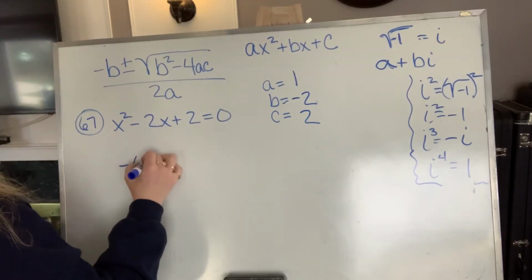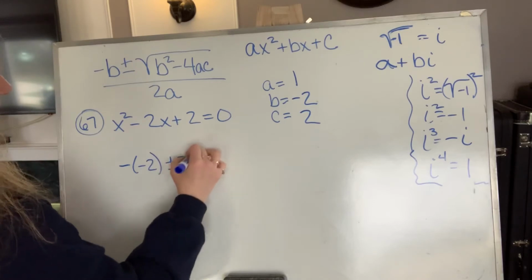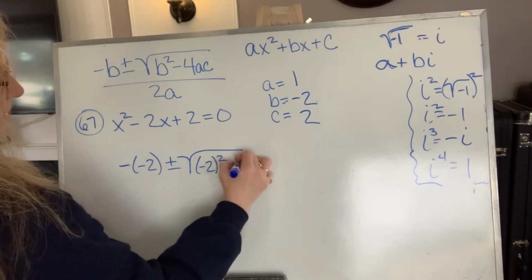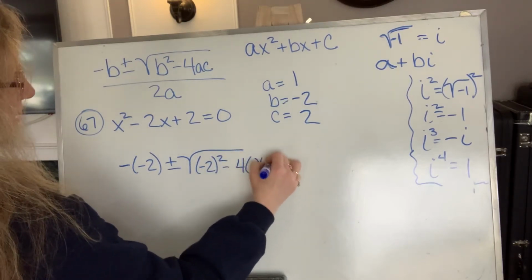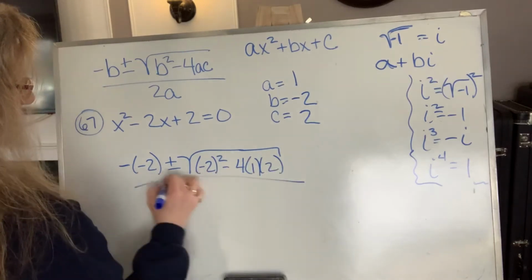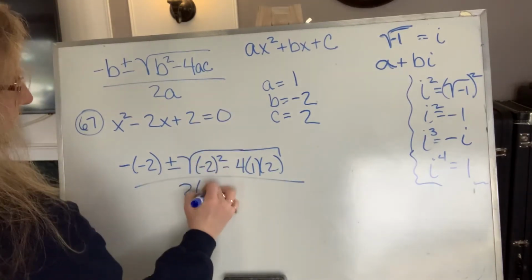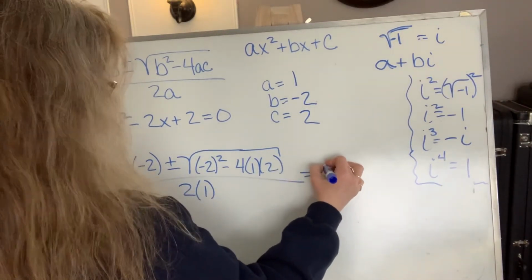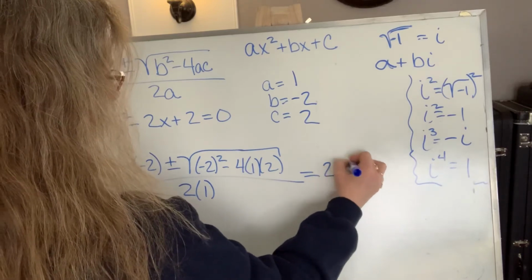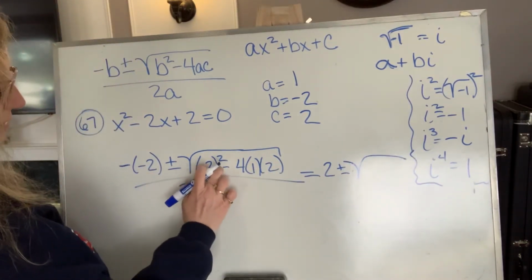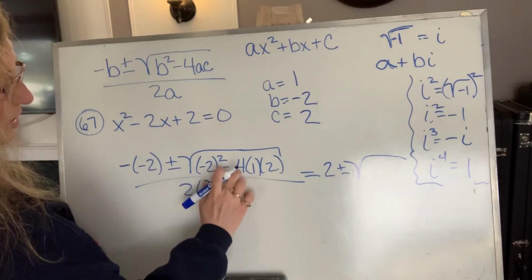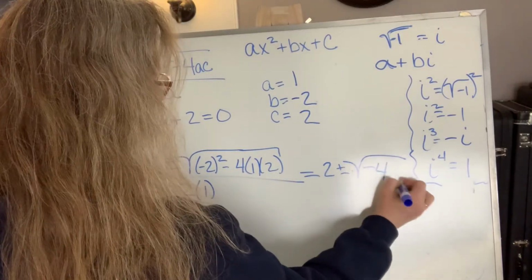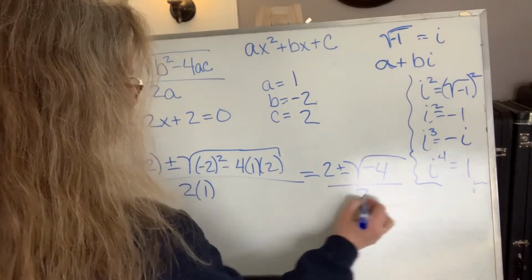So the negative of negative 2 plus or minus the square root of b squared, so negative 2 squared, minus 4 times 1 times 2, all over 2 times 1.